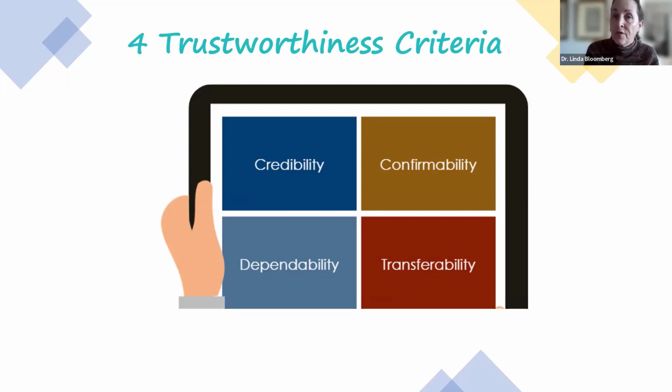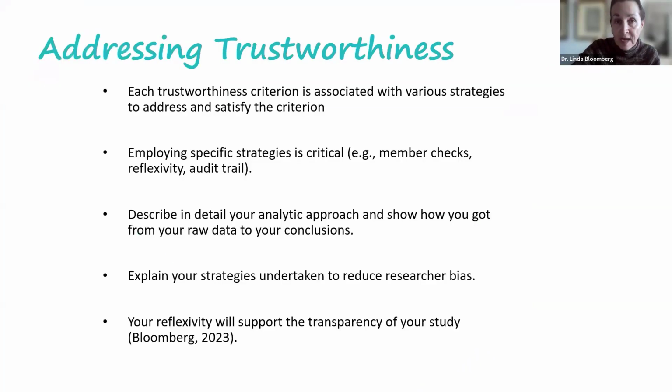What we refer to are the 4 trustworthiness criteria, which are credibility, confirmability, dependability, and transferability, which I've just mentioned now. Transferability takes the place of generalizability. And each trustworthiness criterion is associated with various strategies to address and satisfy that criterion. And the researcher will be employing specific strategies to address each of these 4 criteria.